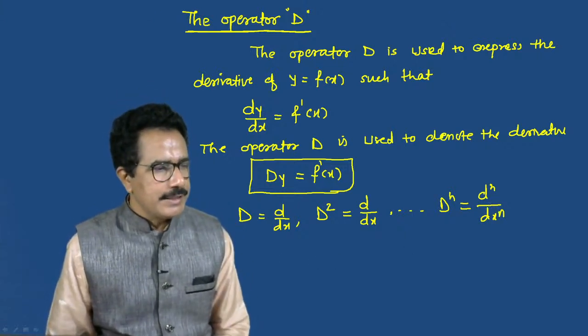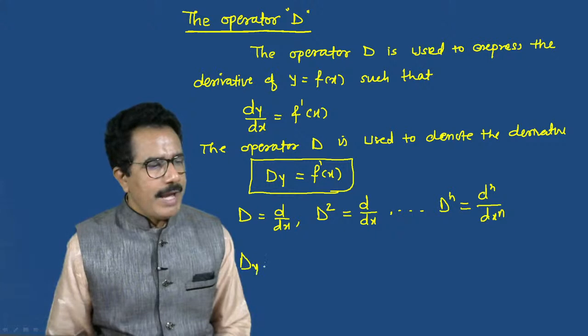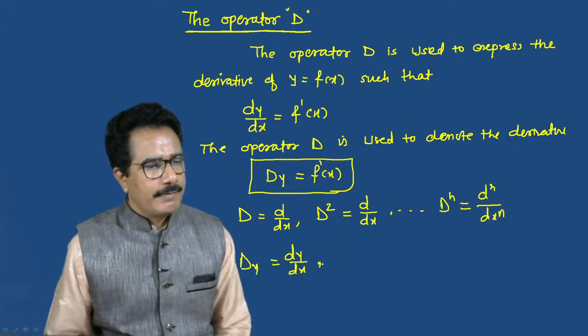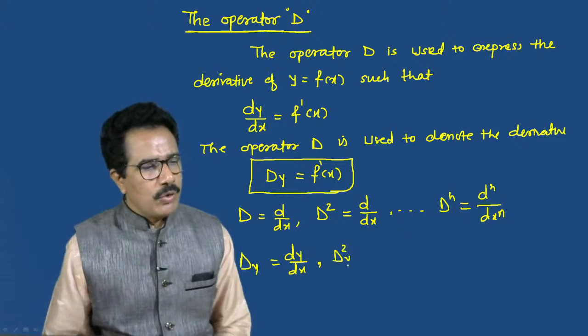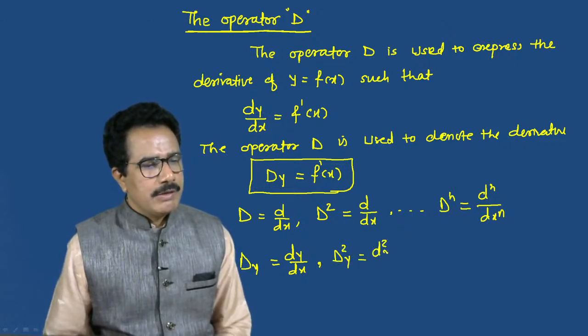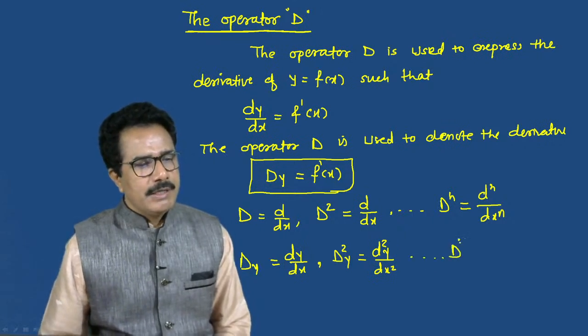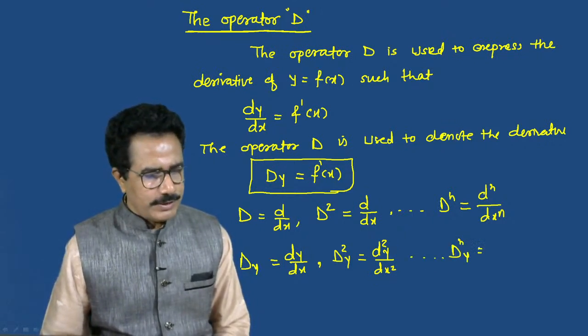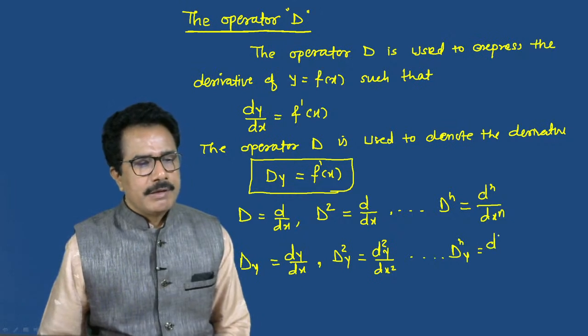So that is Dy means dy by dx, D2y means d2y by dx square, and so on, Dny means dny by dx raised to n.